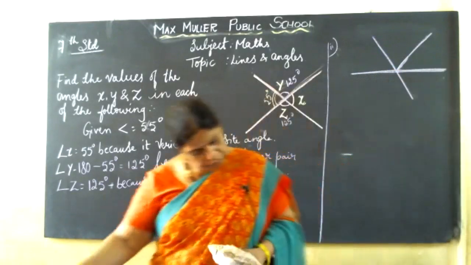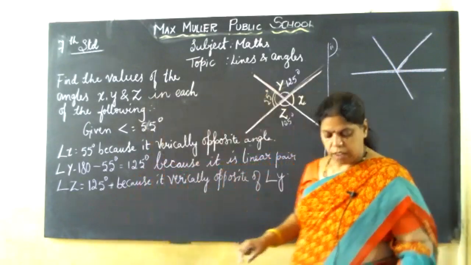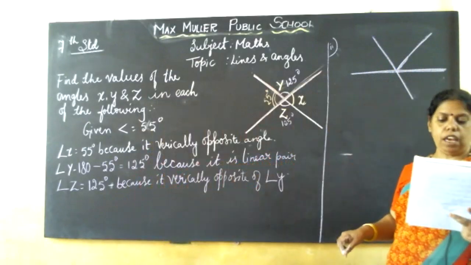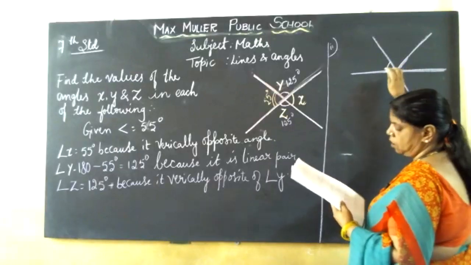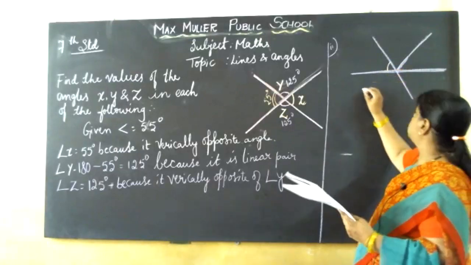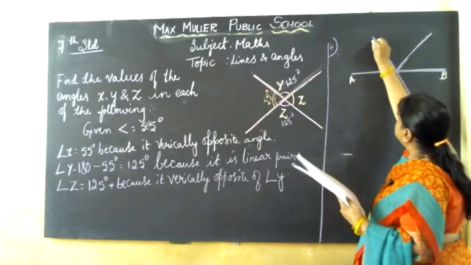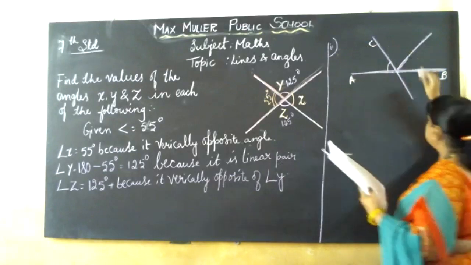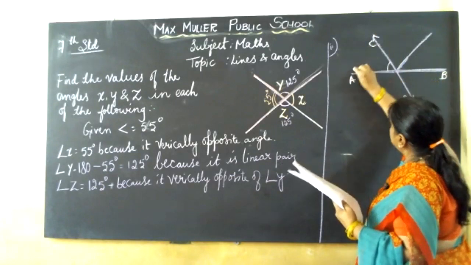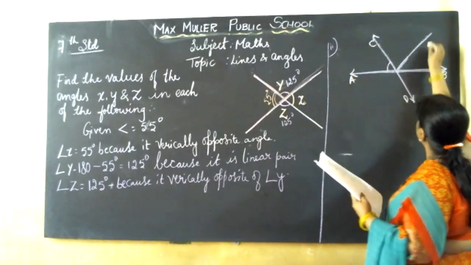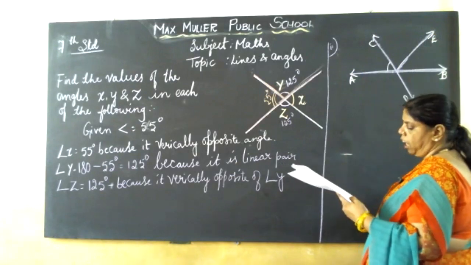So here, what they given? Given is AOC. I'll write the names. This is A, B, okay. This is C. This is D. Then this is E. Okay.